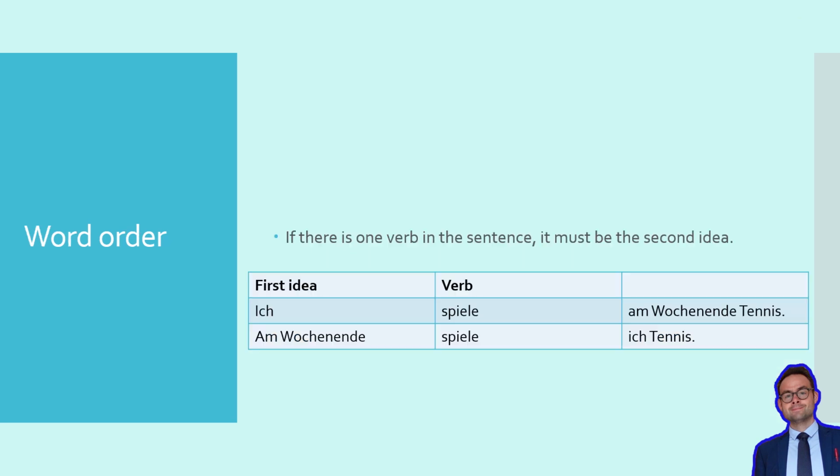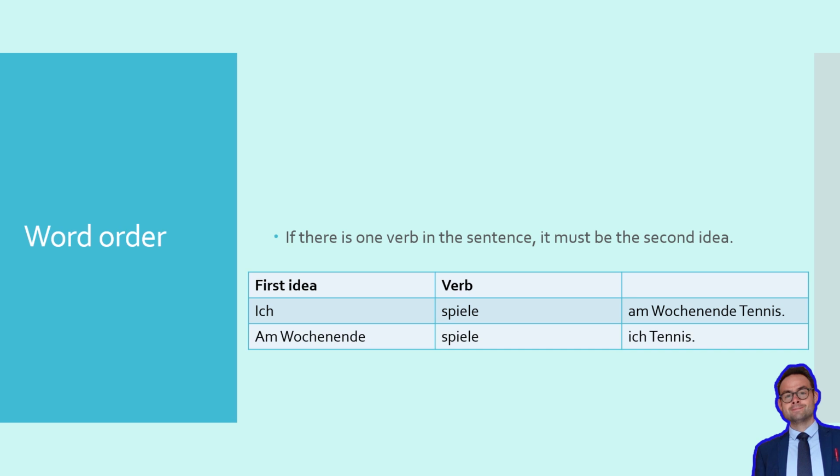Word order. Again, thinking like a German. Ich spiele am Wochenende Tennis, and you can be a bit flexible with the other elements, but the verb must be the second idea. And we say second idea because the first idea is sometimes just one word, like ich, but it could be am Wochenende, or in meiner Freizeit, in my free time, or mit meiner Familie.